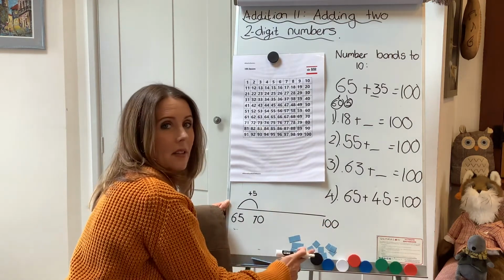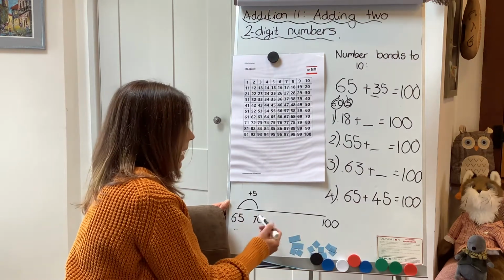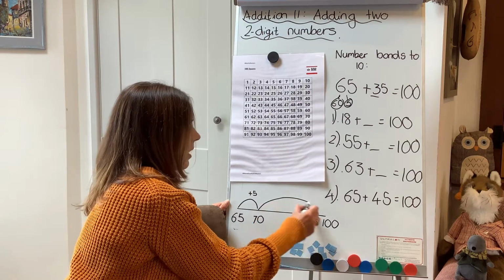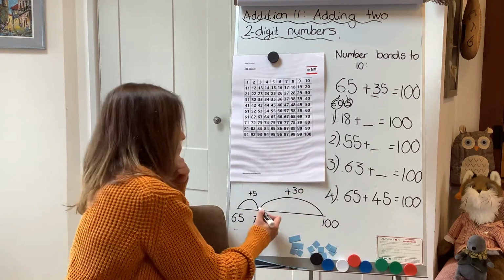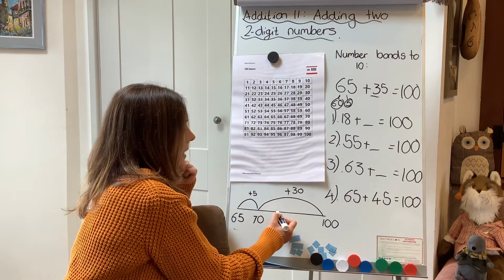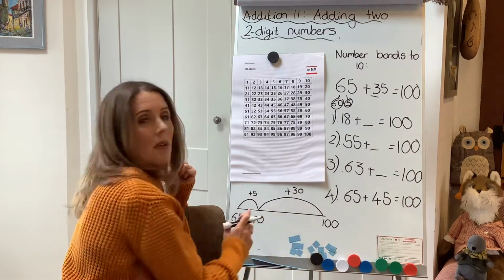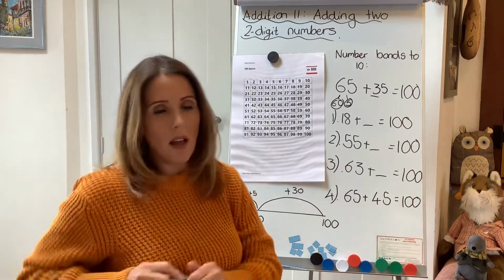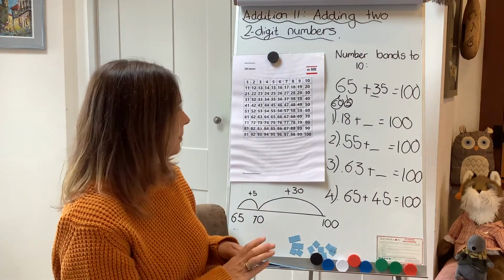What do we add to 7 to get to 10? That's 3. So we make that 10 times bigger because we're looking at what goes from 70 to 100. So that's 30. So we can add on 30. At first, you might just need to do little jumps, 70 to 80 to 90 and to 100. But we can see we've got 35 there as well. So those are 3 different ways of adding numbers together to make 100.